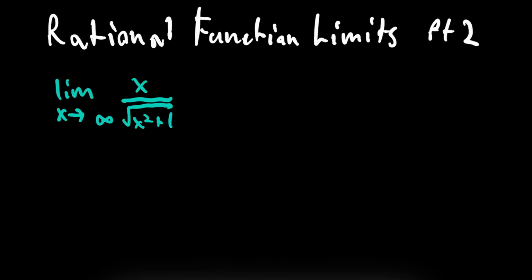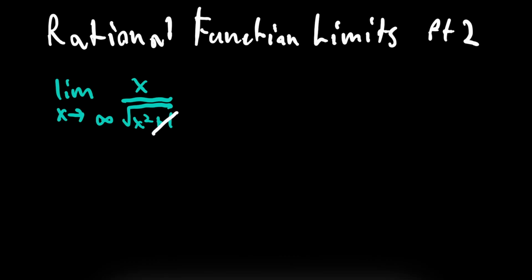All right, so we have another example here. The limit as x approaches infinity of x over the square root of x squared plus 1, right? Just visually looking at this, you could cancel out this constant, right?